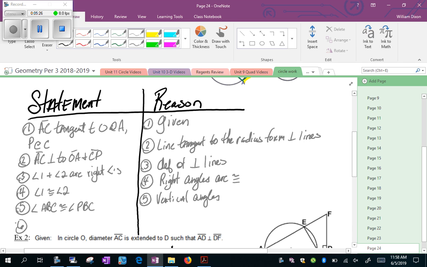Six, angle O is congruent to angle P, and again, that's two angles congruent in a triangle. Therefore, third angle must be congruent. All right, like I said, not too bad on that one. All right, let's go to our next one.